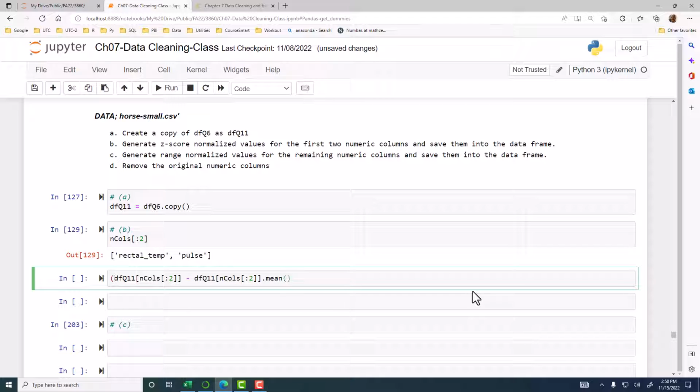All right. So let's put that in parentheses, so that will be the numerator. So divided by DFQ11, and once again we have to do only the first two numeric columns, and then we need to get the standard deviation.